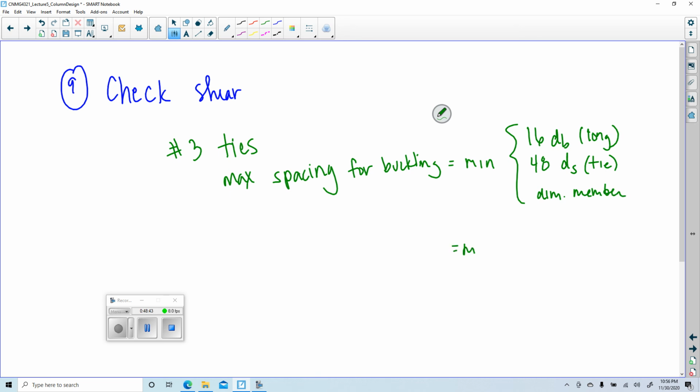So that is the minimum of 16 times 1.128 inches, because I have number 9s, 48 times 3/8 inches, that's my number 3 ties, or 16 inches, because I have a square member.